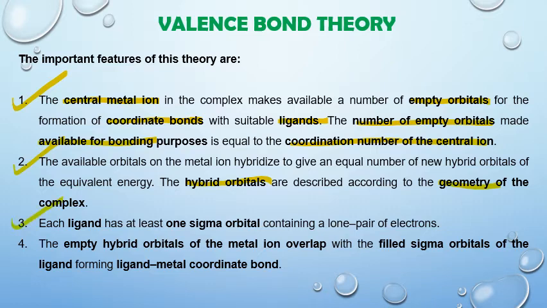Next, about the ligand. As we know, each ligand has at least a pair of electrons. The next point is about the coordinate covalent bond between ligand and metal. How does this bond occur? The bond forms when empty hybrid orbitals of the metal ion overlap with the filled sigma orbitals of the ligand.